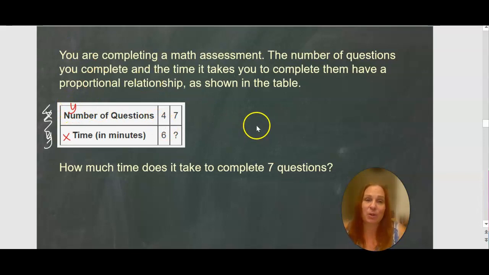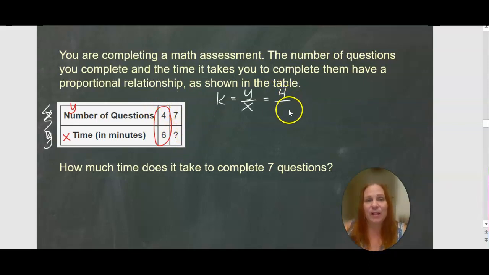Okay, so let's write our equation. To write the equation, we need to know k, right? So k is y over x, and I only have one x and y pair that I can use because the other one, I don't know one of the numbers, right? So my y value is 4 and my x value is 6.